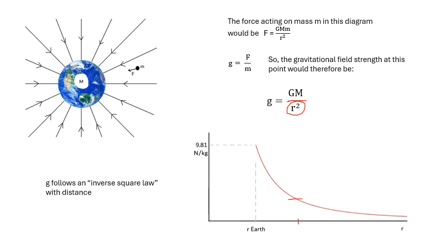If we go 3 times the distance, then the field strength is a ninth, etc. It's an inverse square law. You don't need to know what happens inside the Earth, okay? I'll tell you anyway. If the Earth was a uniform sphere, then it would just be a straight line like that, but it's not a uniform sphere because you've got different bits inside the Earth, the inner core, outer core, etc. So it's a bit more stepped. But anyway, you don't need to know that. Inverse square law for little g.